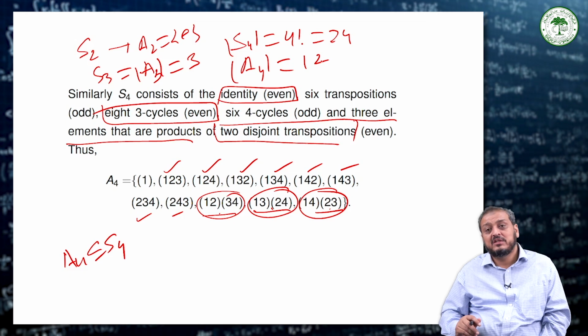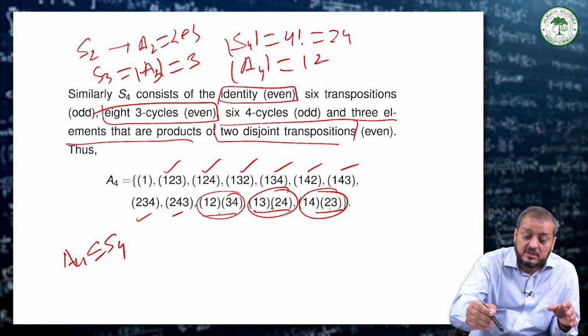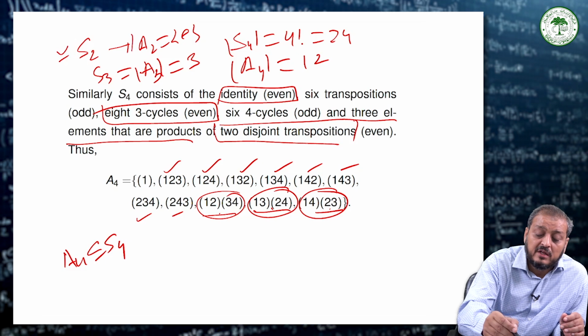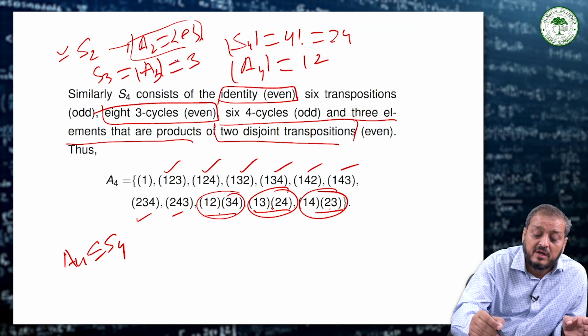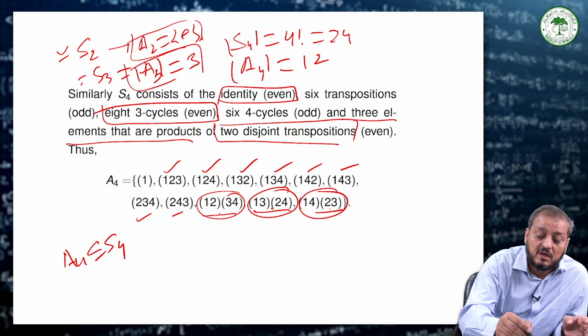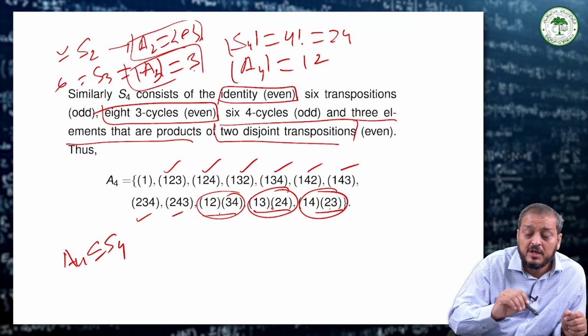So, in general, for S2 there are 2 elements and the number of even permutations is 1; S3 has 6 elements and the order of A3 is equal to 3.